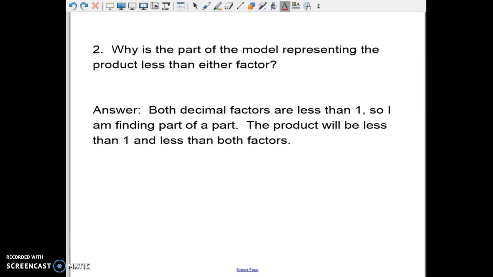Why is the part of the model representing the product less than either factor? Well, both decimal factors are less than 1. So we had 0.8 times 0.7, and neither one of those equals 1. So I am finding a part of a part. The product will be less than 1 and less than both factors.